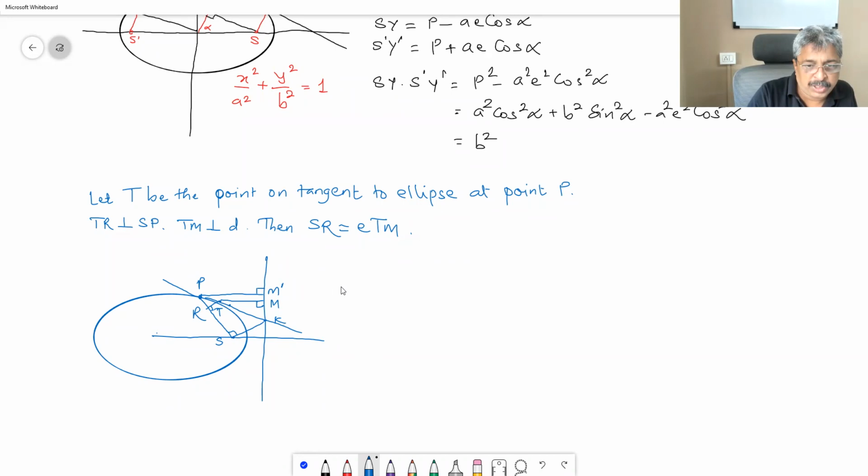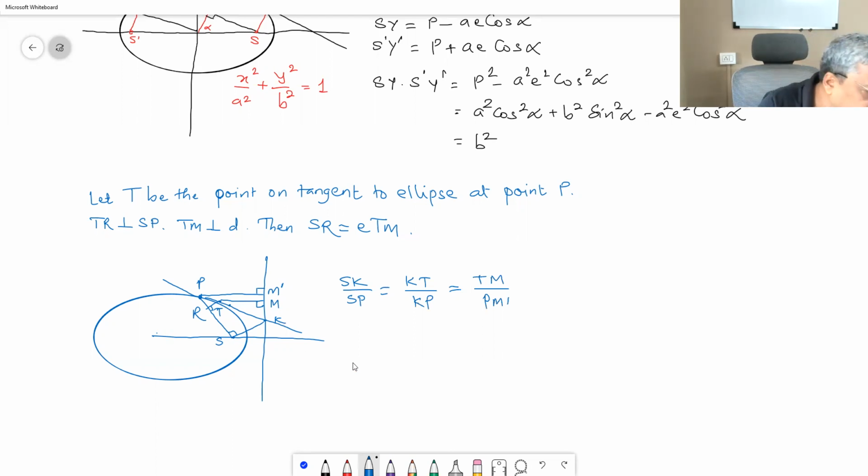Therefore, SK upon SP is equal to KT upon KP. But KT upon KP is TM upon PM dash.